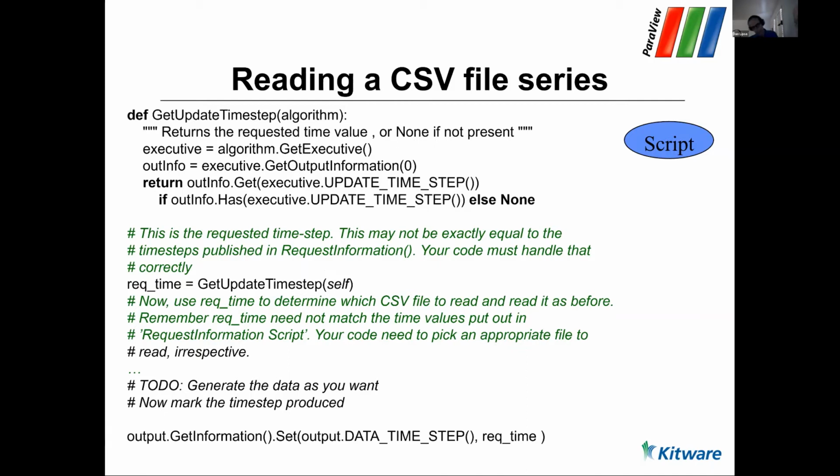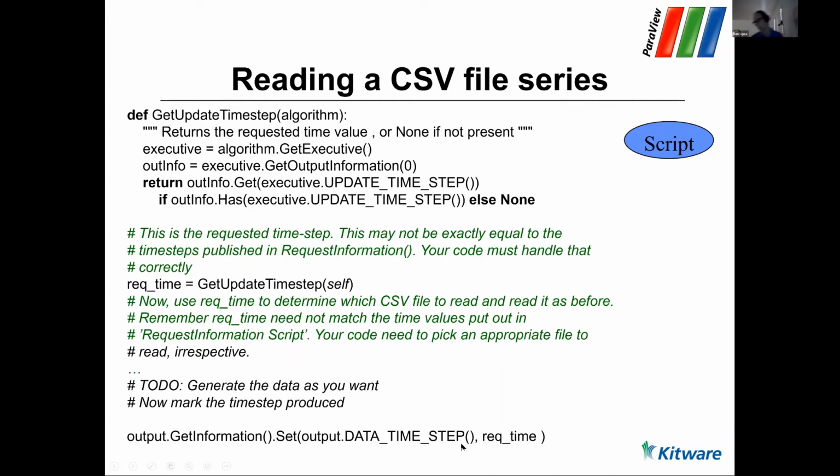It receives from the executive or from the user information about what time step is required from the pipeline, and then it reads that time step, and then specifies what was the time step that was read.